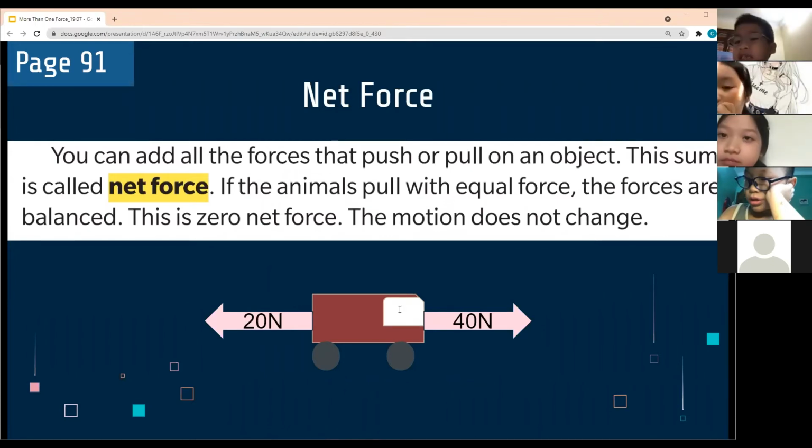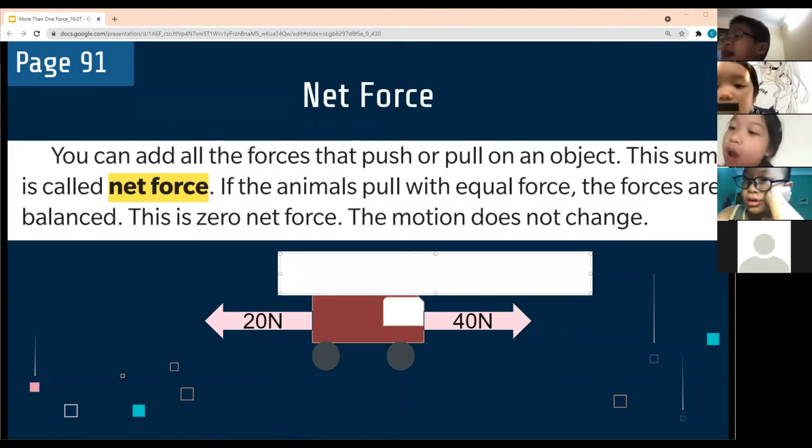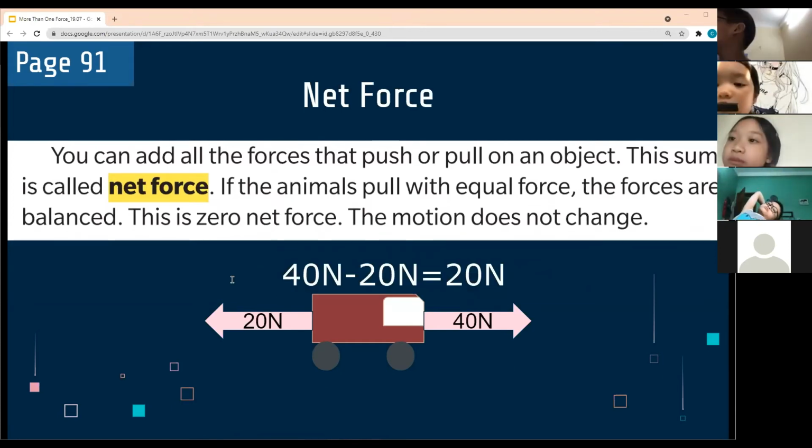Because basically, when you have two forces, they cancel each other out. Because this is 20N, it's going to get rid of 20N over here. So Taylor got it right. 40N minus 20N equals 20N. Okay, that's all the math that is required to calculate net force. The answer is net force.